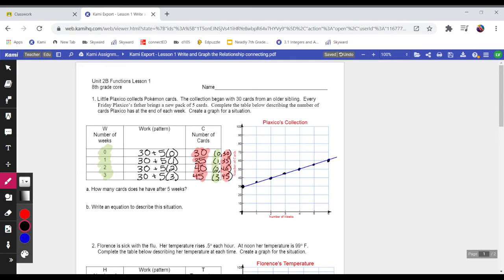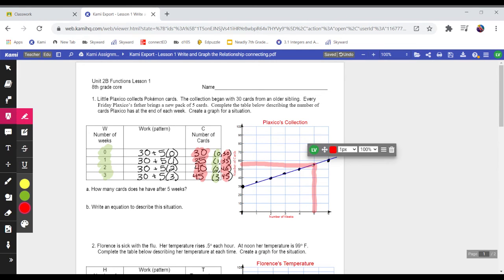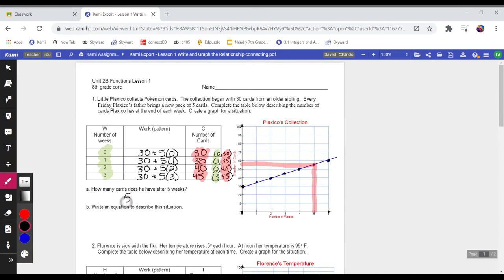So letter A asks, how many cards does he have after 5 weeks? Well, if I look at my graph after 5 weeks, ooh, he's going to have 55 cards. Then letter B says, write an equation to describe this situation. Well, we're going to look at the work pattern.